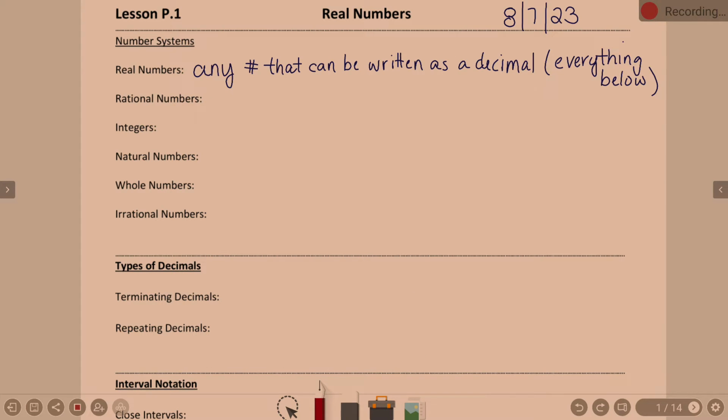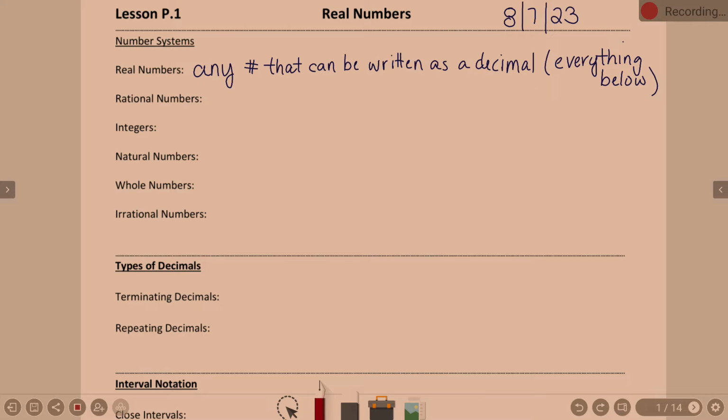What's rational numbers? What can they be expressed as? Nothing?